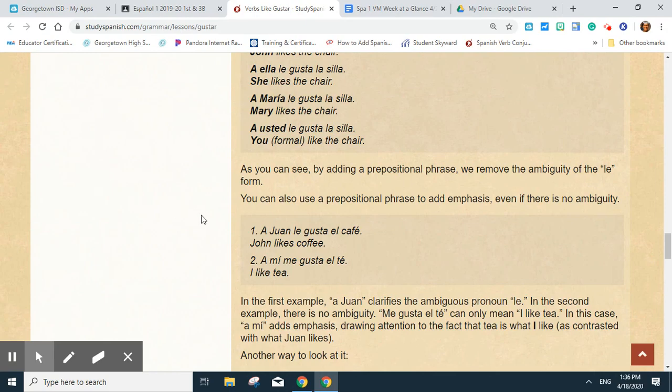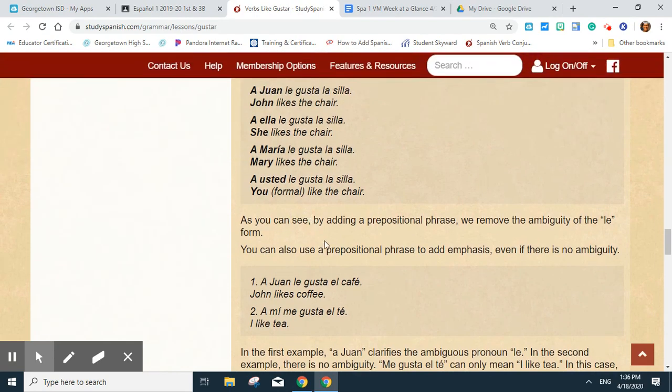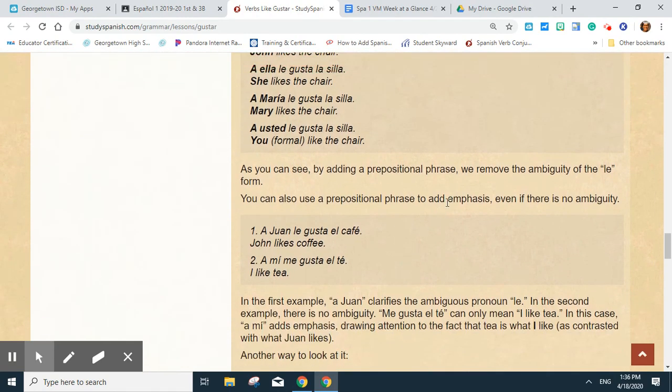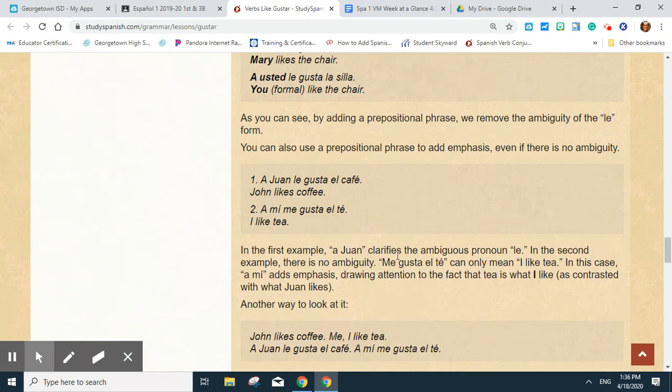Who would we be talking about? You can also use a prepositional phrase to add emphasis, even if there's no ambiguity. So a Juan le gusta el café. John likes coffee. A mí me gusta el té. I like tea. In the first example, Juan clarifies the ambiguous pronoun le.